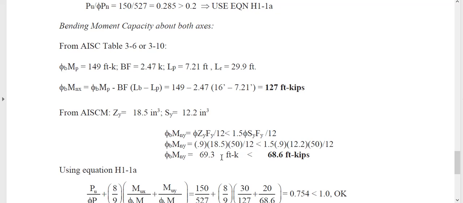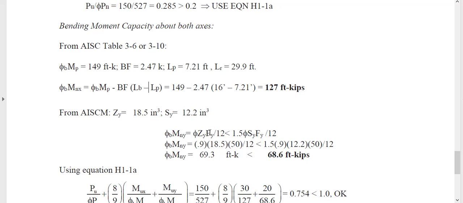Okay, so now again, why did they use 12? Because Zy is in inches cubed, Fy is 50. I do not know why they are dividing by 12, because 12 we typically use to convert feet to inch.